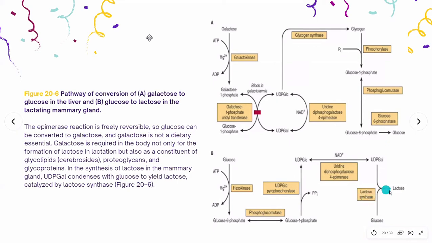And you have now lactose. Now this occurs inside the active mammary gland. So without even galactose, you can form lactose. Okay? Active mammary gland.